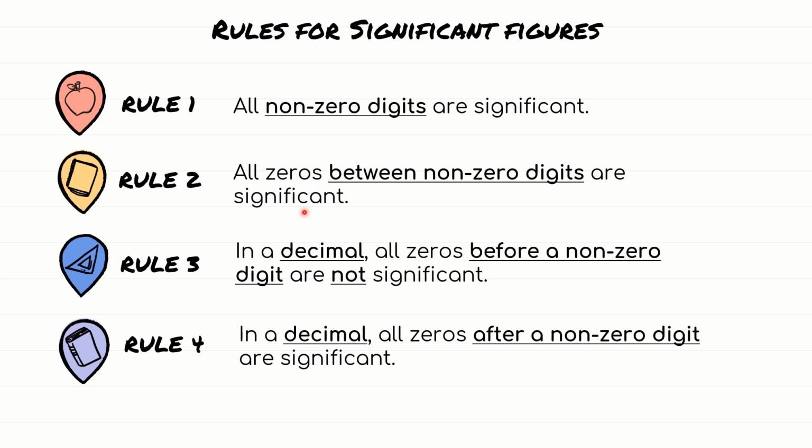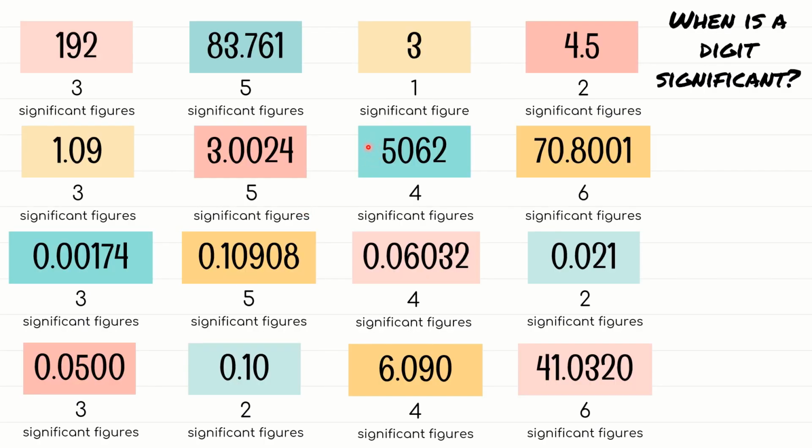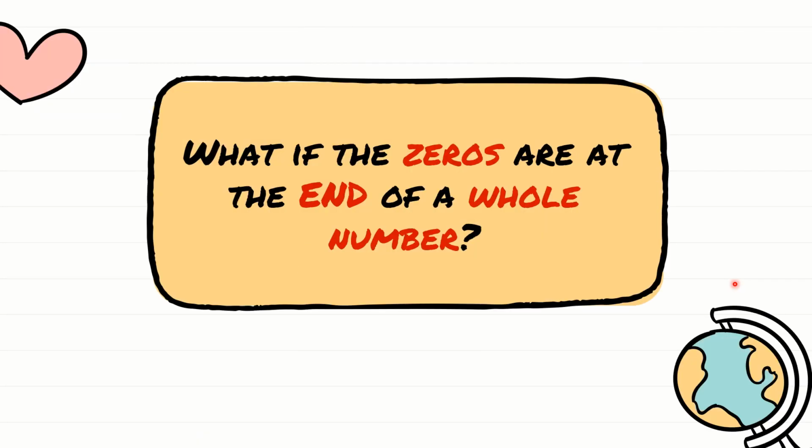Typically, in our whole number, we do not start off with a zero. So for example, in my number 5062, I do not go about writing 05062 to represent the value of 5062. Therefore, our concern for whole numbers is, what if the zeros are at the end of a whole number?